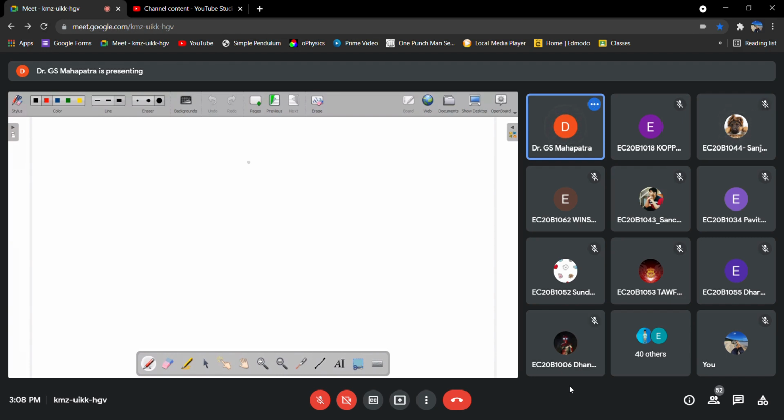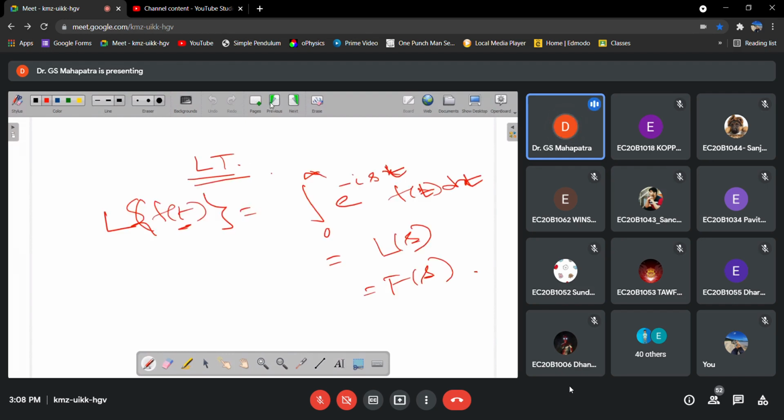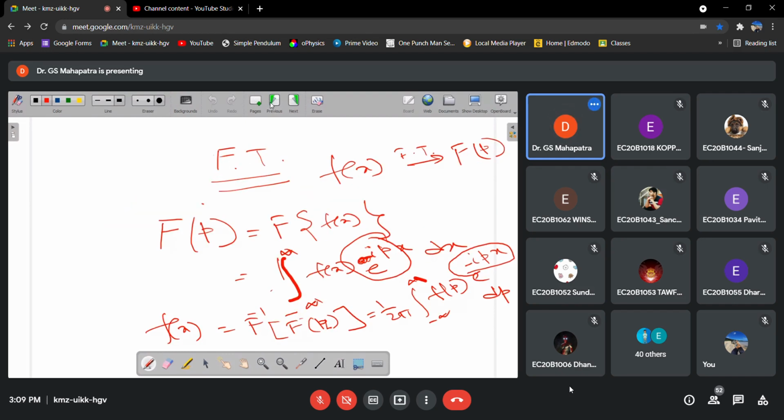Both Laplace transform, from positive, correct, 0 to infinity. But the Fourier transform you can define from negative. One more difference there. What is that one? I will go to the previous one. This one and this one.